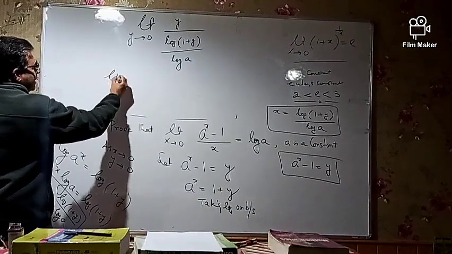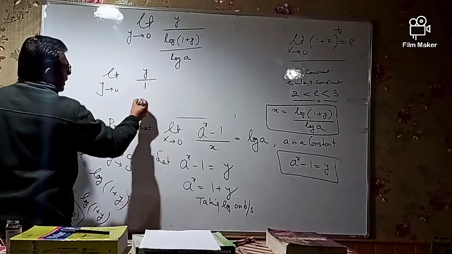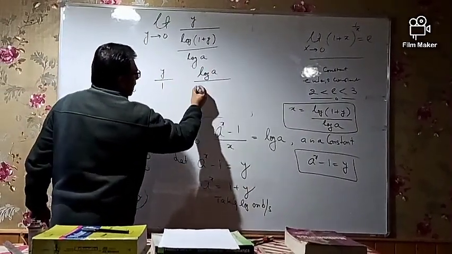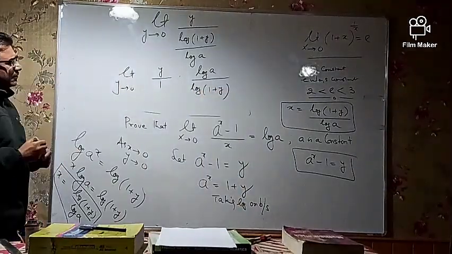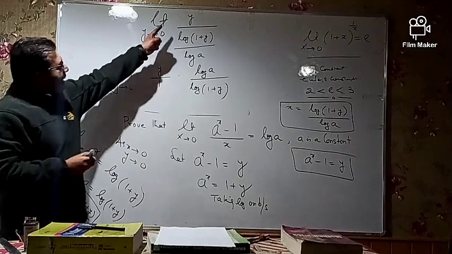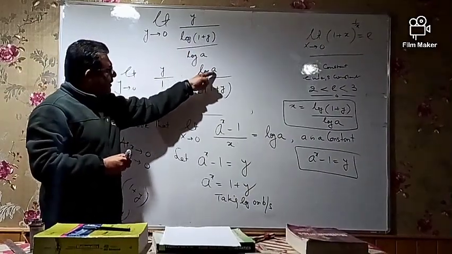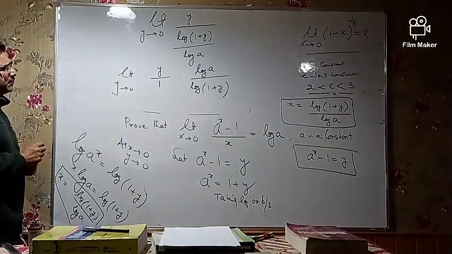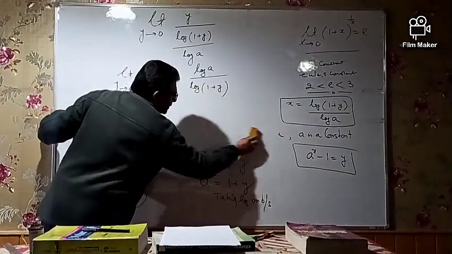Now this is limit y tends to 0, y divided by 1 into log of a divided by log of 1 plus y. I have put it like this: y divided by 1, this is divided by, so it will go in the numerator and it will come into the denominator. This is just the simplification I have done.